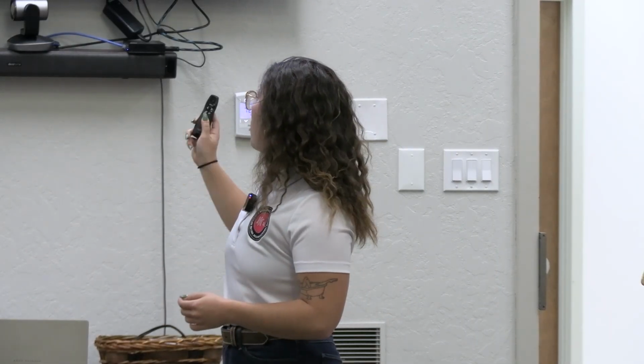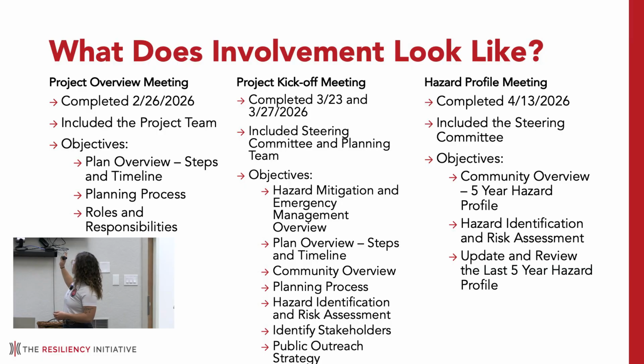And what we did there is we analyzed what the hazards were in the 2021 hazard mitigation plan update and brought it back to the group and discussed what we wanted to do moving forward, making sure that those hazards were still prevalent, making sure that we're documenting the risk correctly, the occurrences correctly, geographic extent, and impacts, right?